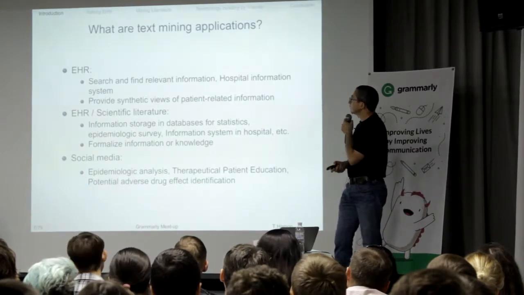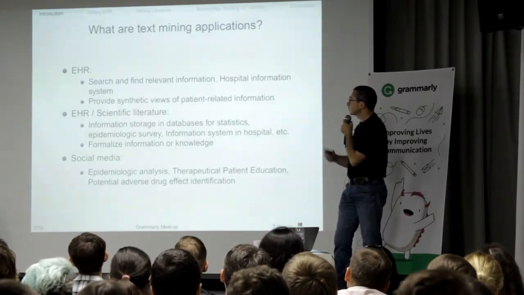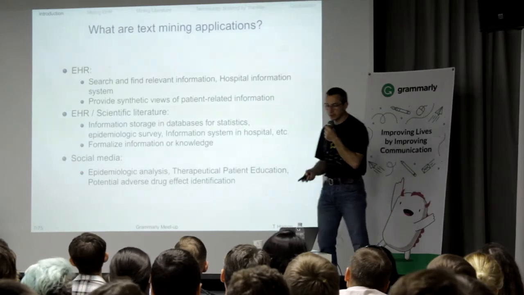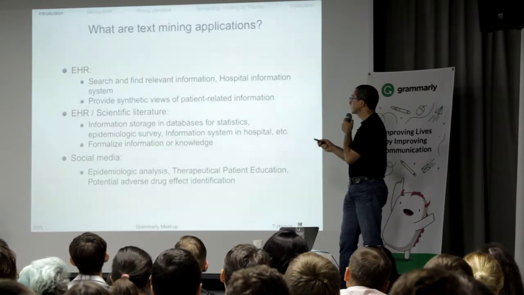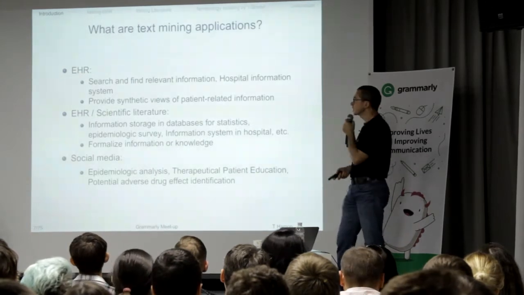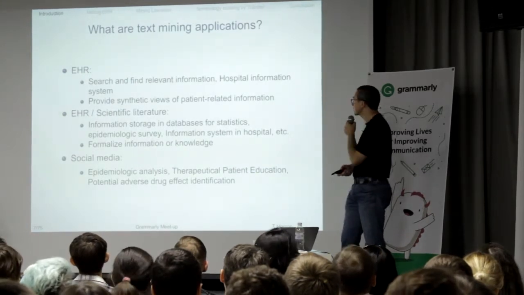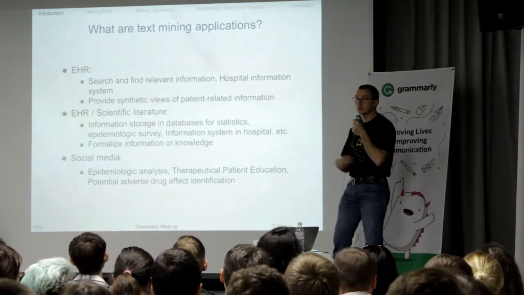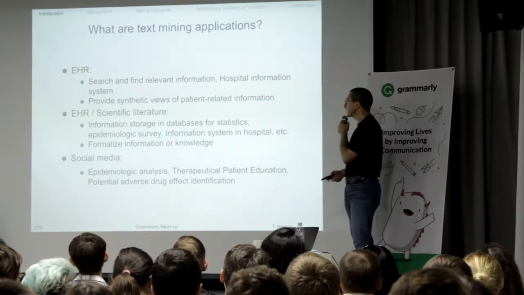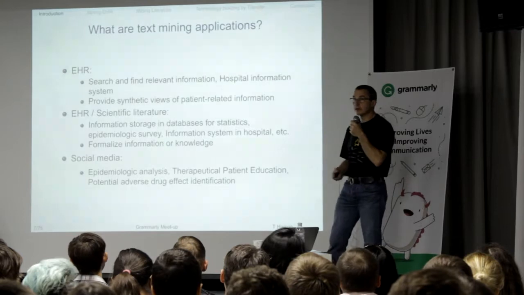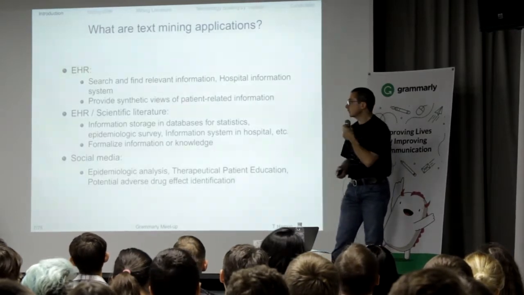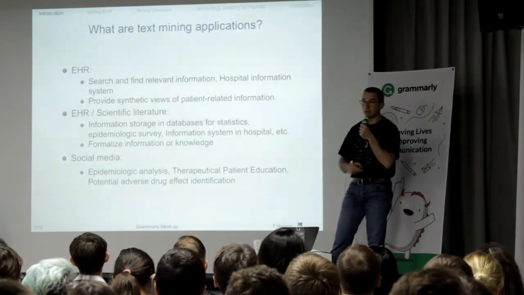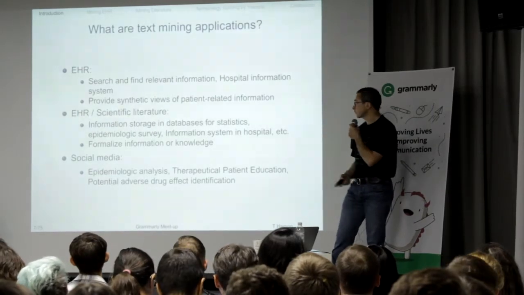Text mining in the biomedical domain will lead to different kinds of applications. It can be the search and finding of relevant information in the electronic health records. It can be useful also for hospital information systems. It can also provide a synthetic view of the patient-related information for epidemiological research, for instance.